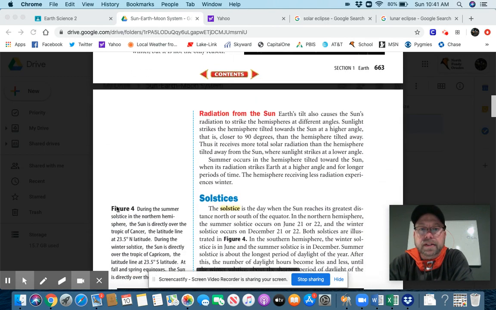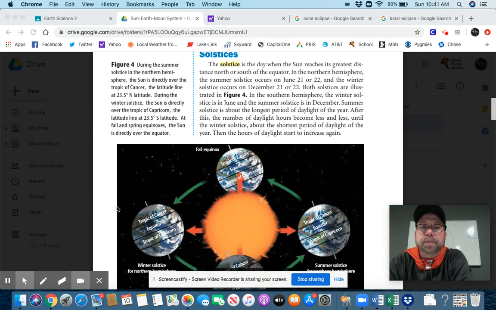Now, there are 4 specific dates that correspond to the Earth's location around the sun in its orbit. 2 of them are the solstices. We have the summer solstice and the winter solstice. We call those days the first day of summer and the first day of winter.